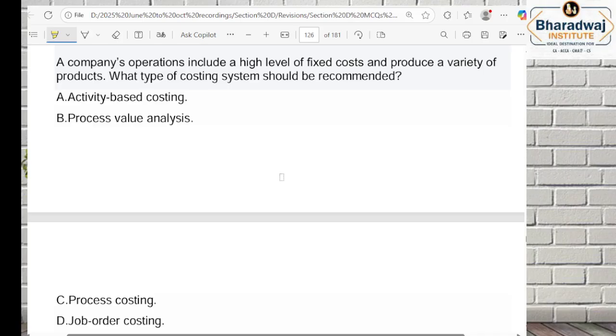Go through this. Activity-based costing.